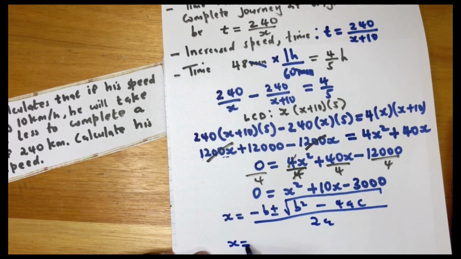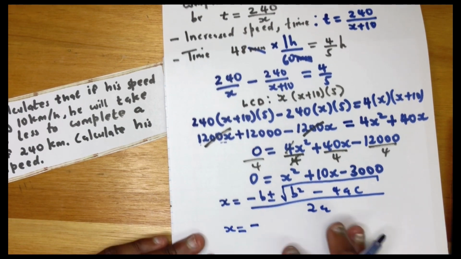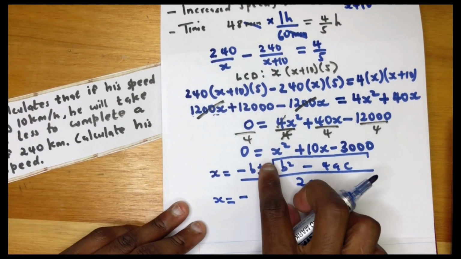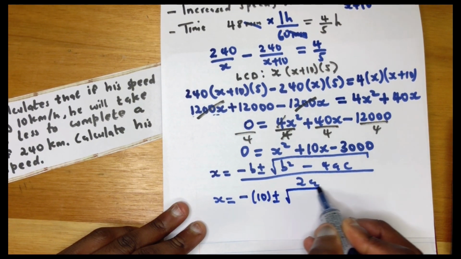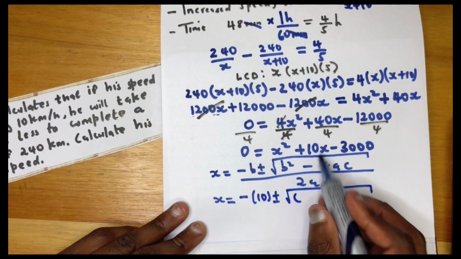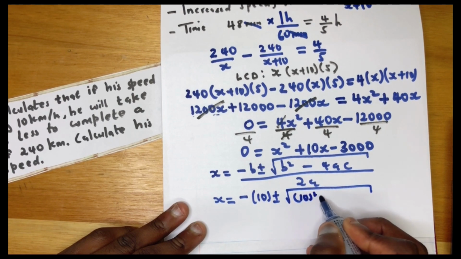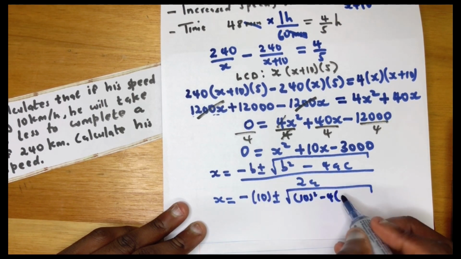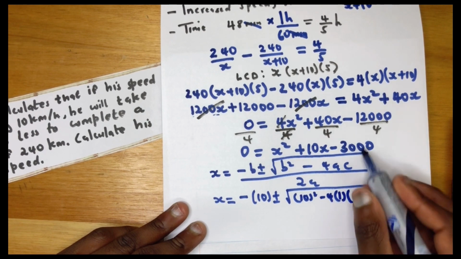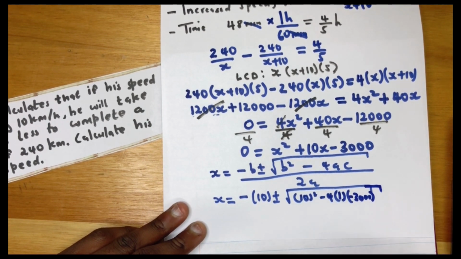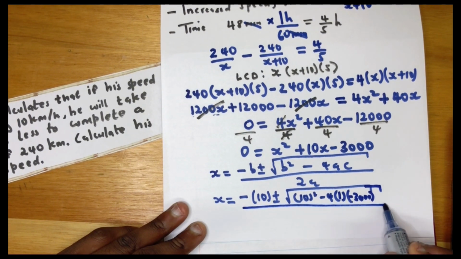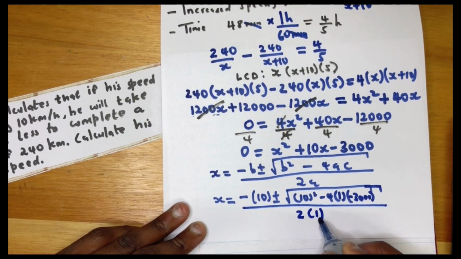So x is equal to negative, your b here is positive 10, plus or minus square root, your b is positive 10 again, minus 4, your a is 1, your c is minus 3,000, over 2 into 1.